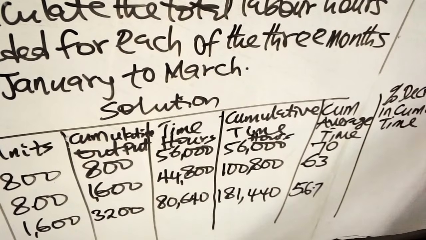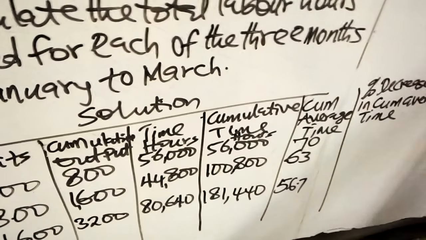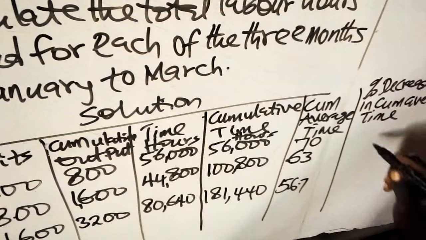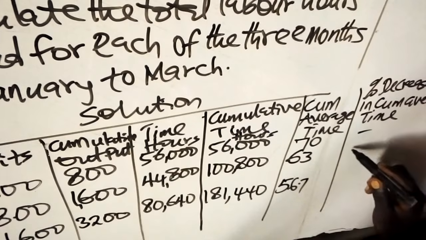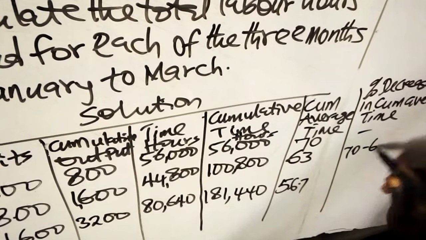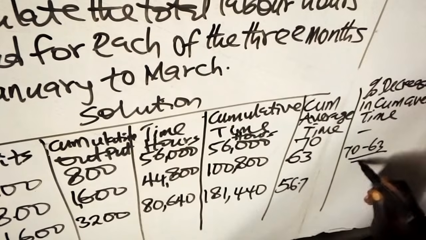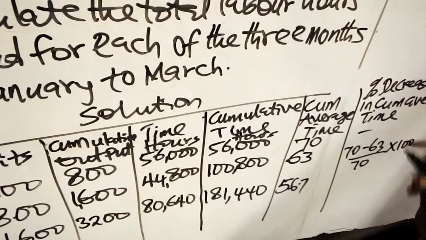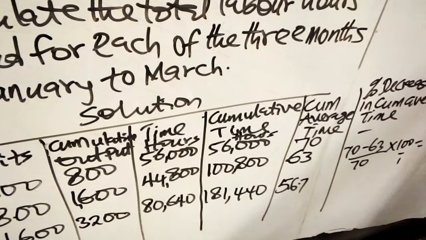The second one will be 70 minus 63 over 70 times 100. 70 minus 63 gives us 7. 7 divided by 70 will give us 0.1 times 100, then you have 10%.